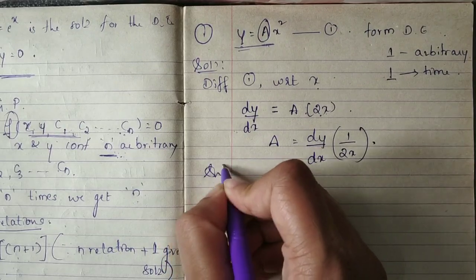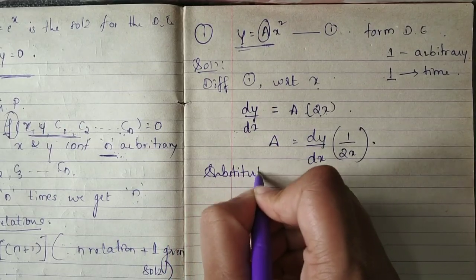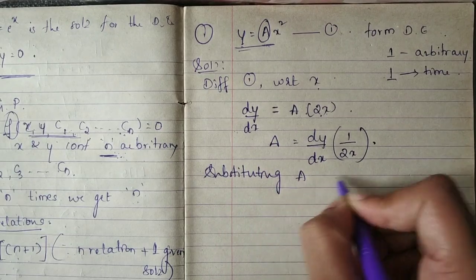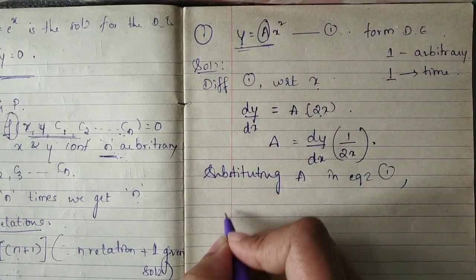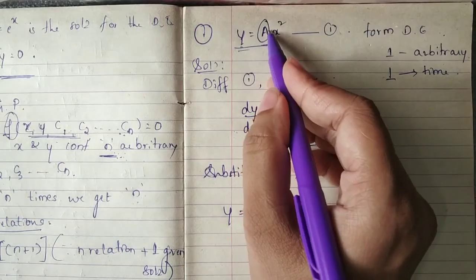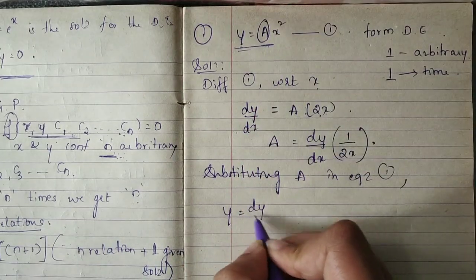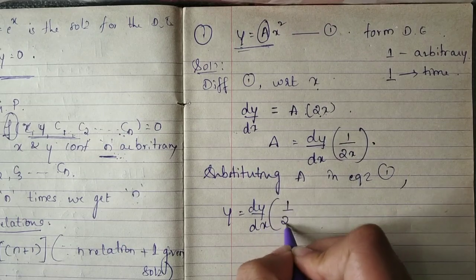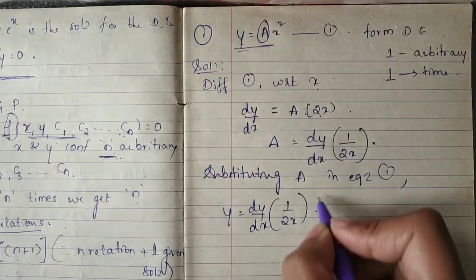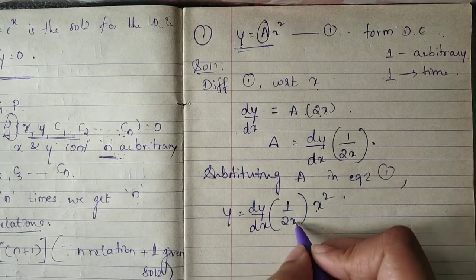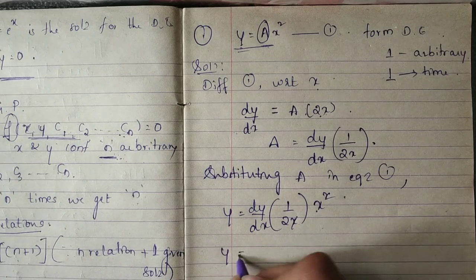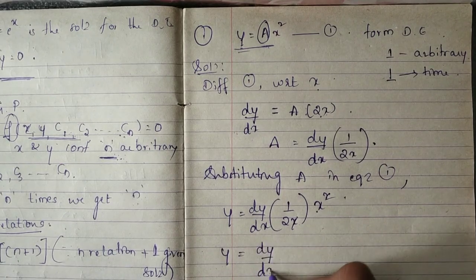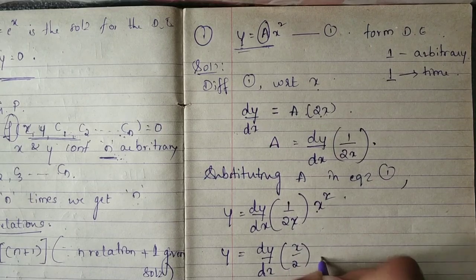Substituting this value of a in equation 1, we get y equal to dy by dx into 1 by 2x, into x square. So one x can be cancelled. We are left with y equal to dy by dx into x by 2.